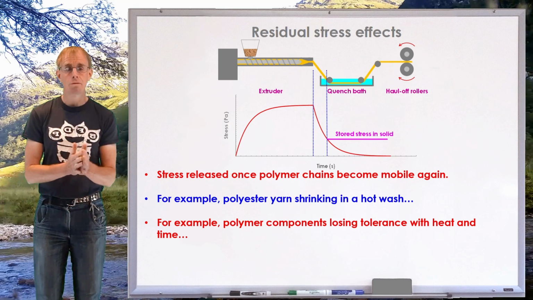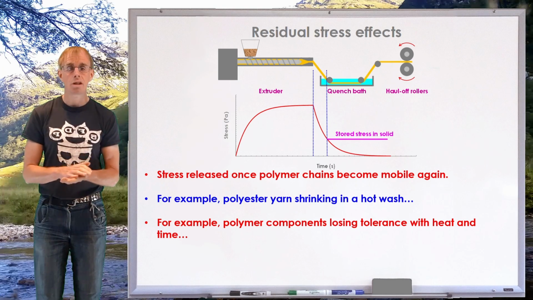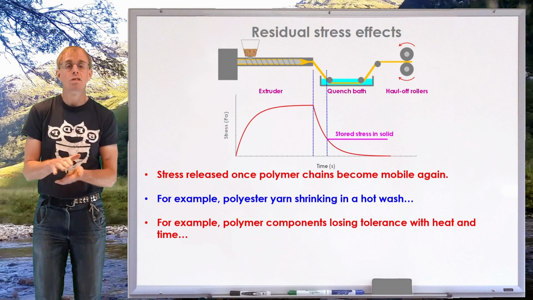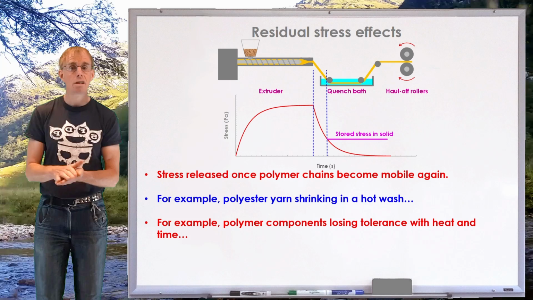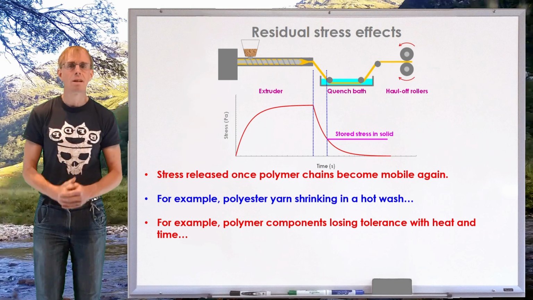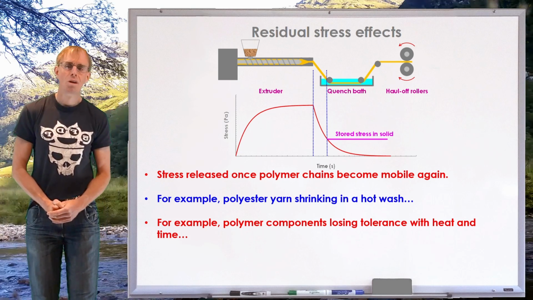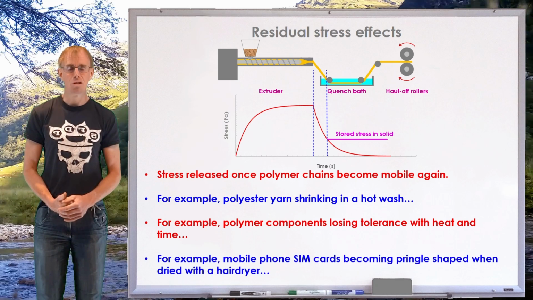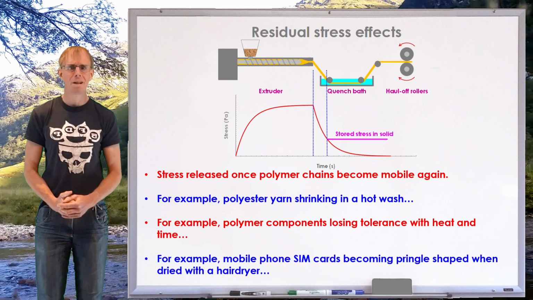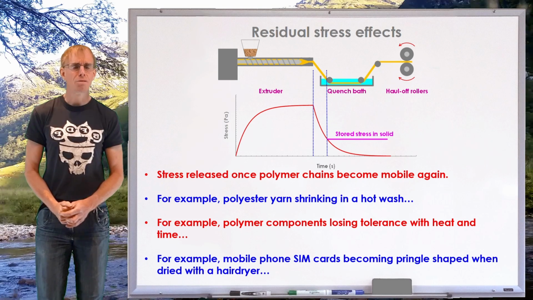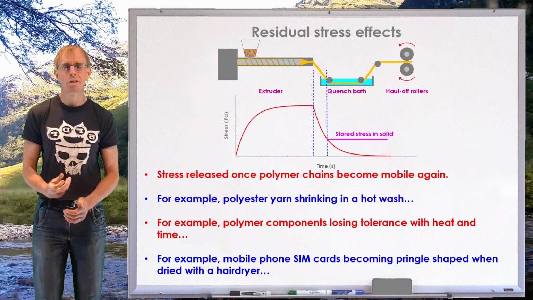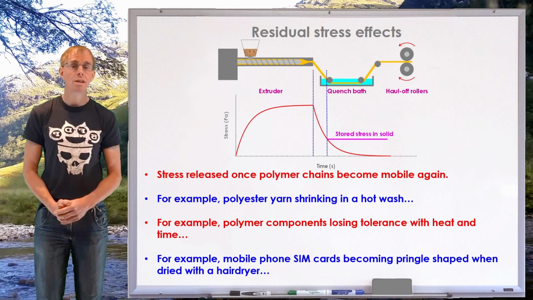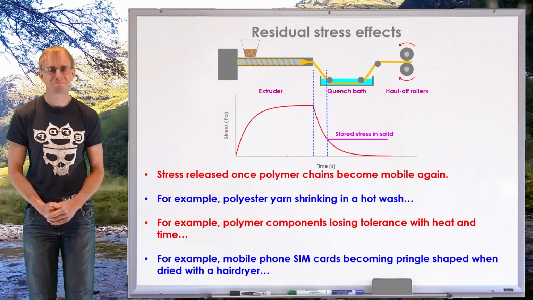Over that time frame, if there's stored stress in the injection molding, that periodic heating will give the chance for that stress to relax a little bit, and you might find that the injection molded parts just don't clip together very well anymore. On the subject of mobile phones, if you've ever done what I've done and dropped a phone down a toilet or had it caught in a thunderstorm, then you try and dry it out with a hairdryer afterwards, only to your dismay the SIM card tends to become shaped like a crisp, because of the amount of stored stress that is in that product.